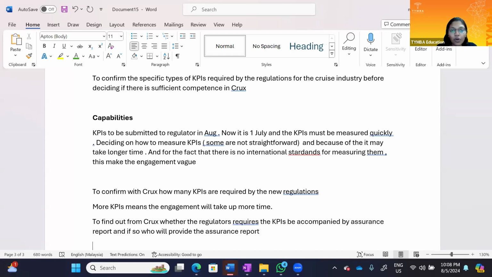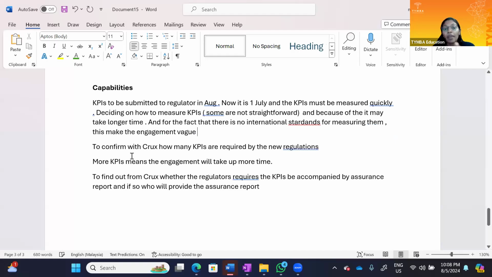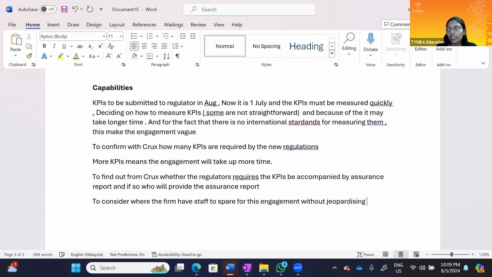We want to find out all this because they are asking us to discuss methods to consider whether the firm has staff to spare for this engagement without jeopardizing the firm's ability to meet the obligations of the current client.